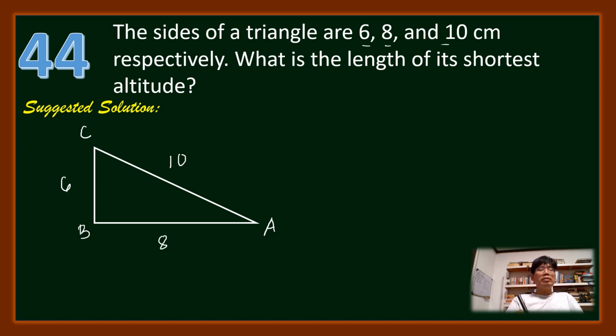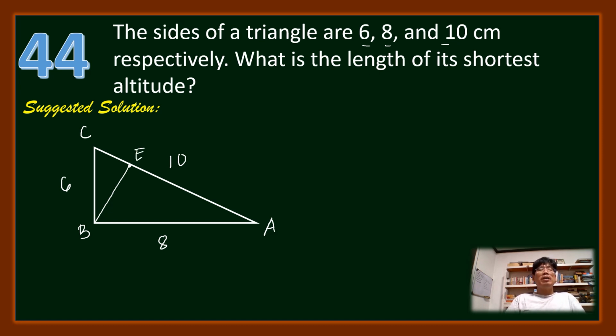Since this is a right triangle, we have side CB and side AB as altitudes also. So we can draw the shortest altitude from vertex B to the hypotenuse AC. Let us name the point on AC as point E.